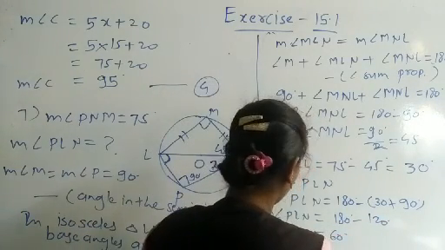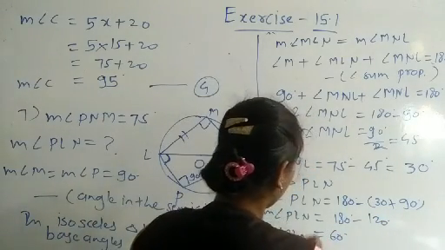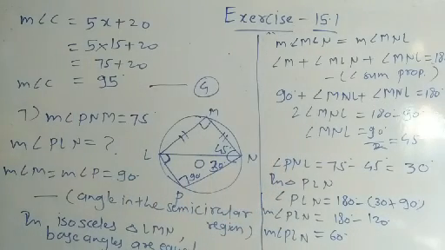You get 60 degrees, which is the measure of angle PLM. You can see which option you got there.